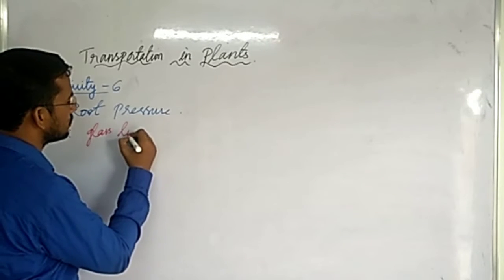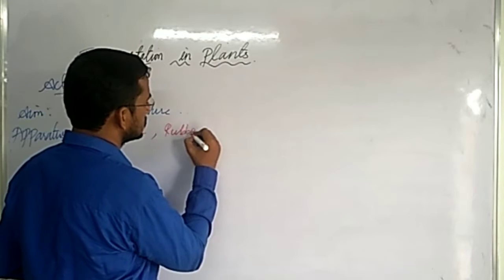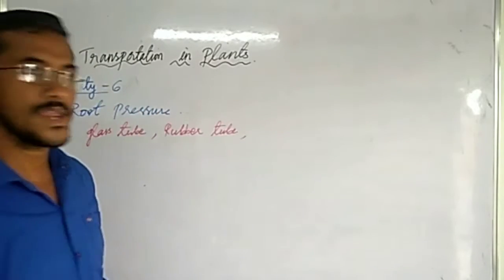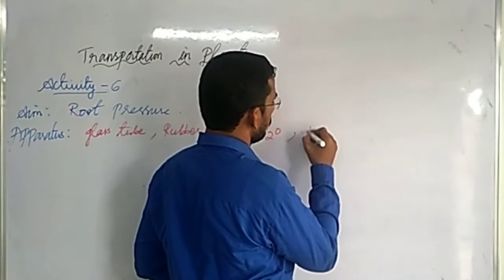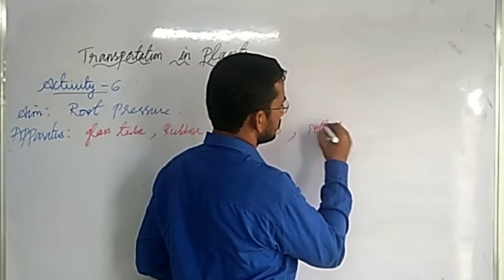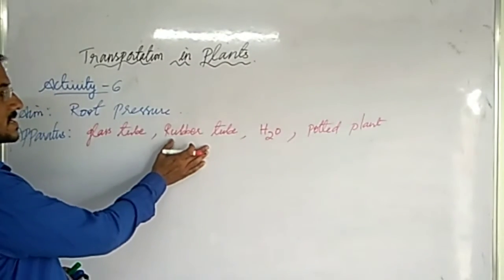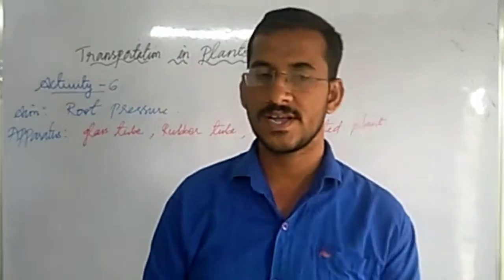A glass tube, a rubber tube, water, and a potted plant. These are the materials required to conduct this activity.